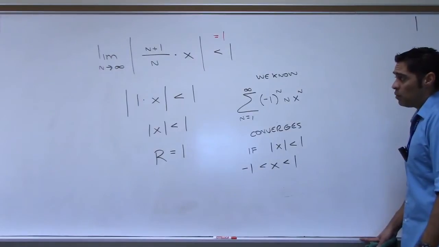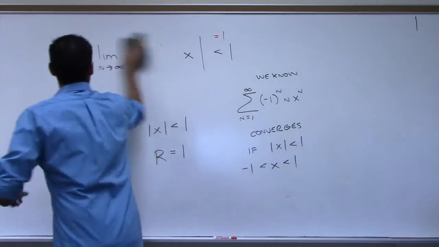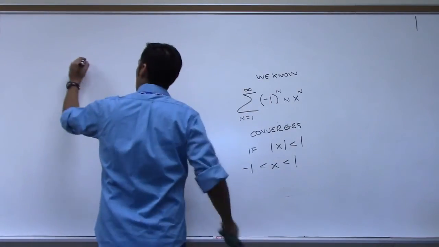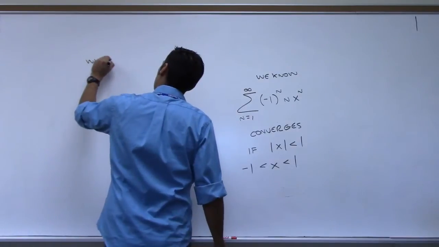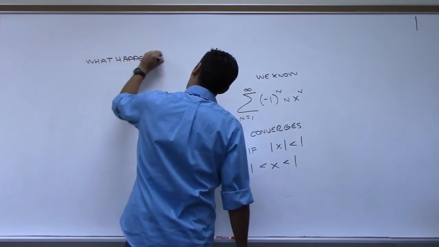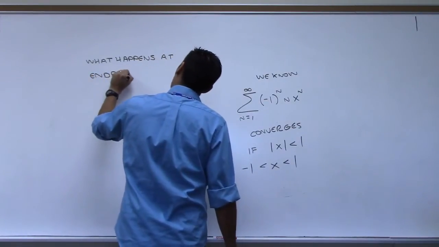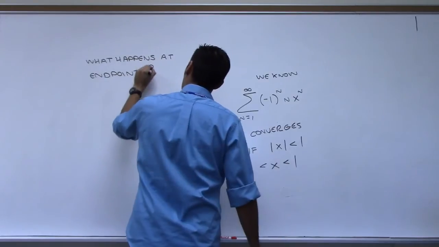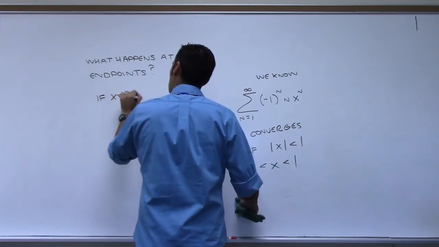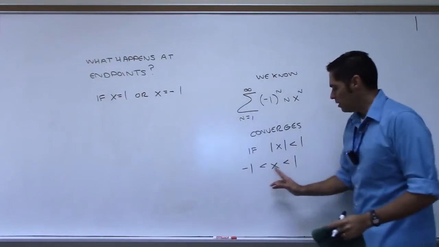So that's what we know so far. What we still want to know is what happens at the endpoints, in other words, if x is equal to 1 or x is equal to negative 1. So what happens if I actually go to these endpoints?